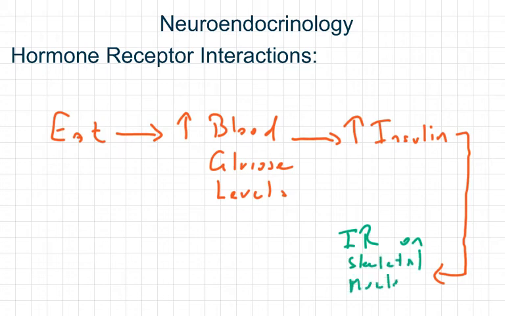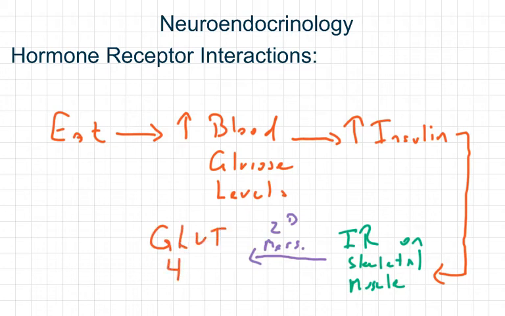Once they exert their effect on the receptor on the membrane of the skeletal muscle, there's a series of secondary messengers, which we're not going to get into, that exert their effect on a transporter called the GLUT4 transporter. These transporters come to the surface of the membrane to bring glucose into the cell.